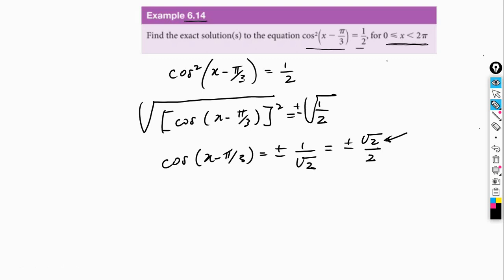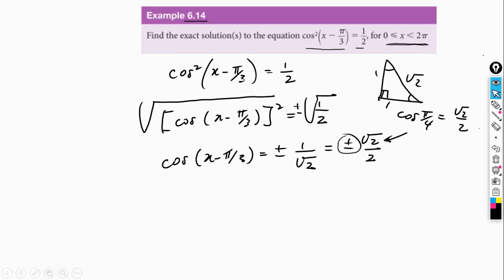Remember from the special right triangles that the 45-45, as we saw in the previous example, has sides 1, 1, and square root of 2. So cosine of 45 degrees, or pi fourths, is going to be square root of 2 over 2. Now, but because we have plus and minus, this implies something else. But for that, let's look at the unit circle.